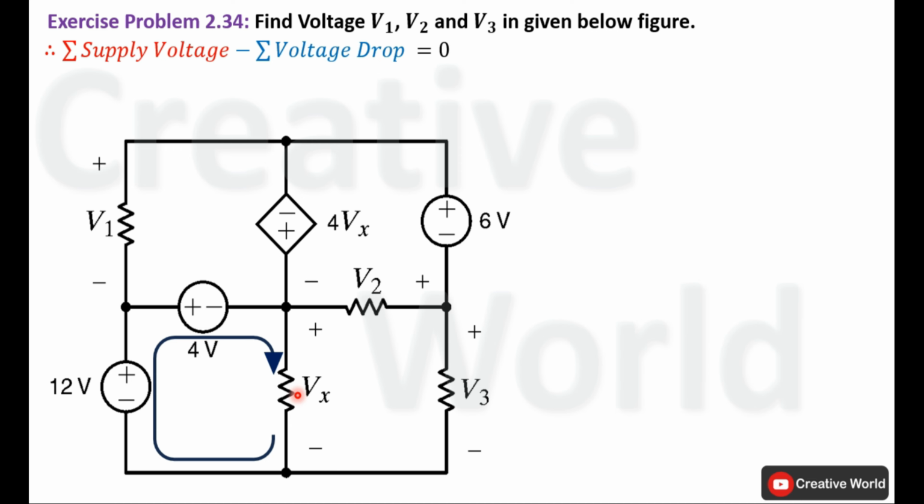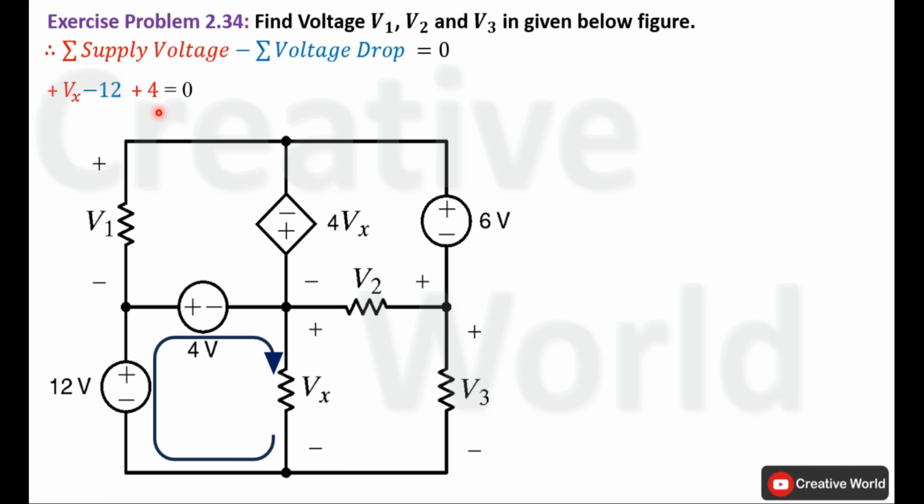Start from Vx. Current entering terminal is positive, so Vx will be taken with positive sign. Move to next element, current entering terminal is negative, so 12 volt will be taken with minus sign, minus 12 volt. Move to next element, current entering terminal is positive, so the voltage of this voltage source will be taken with positive sign, plus 4 equal to 0.